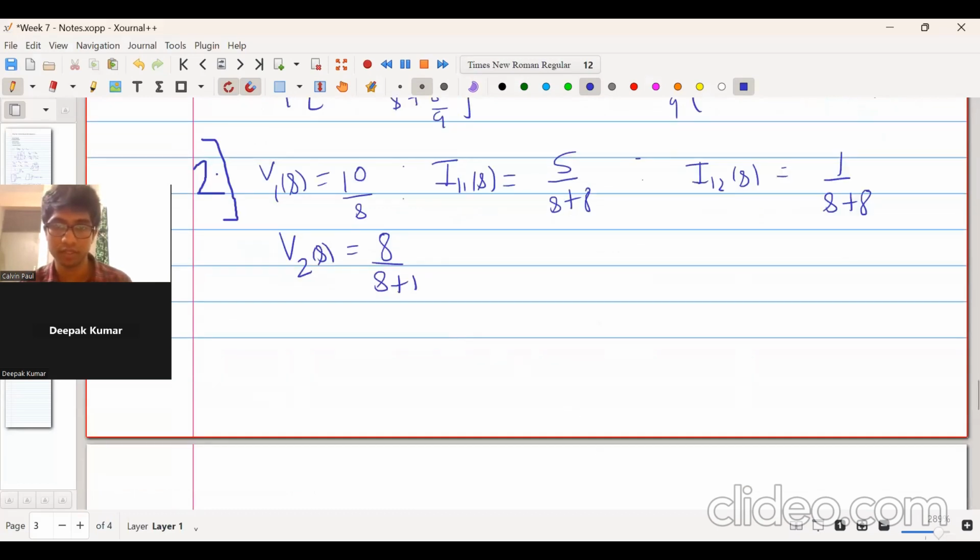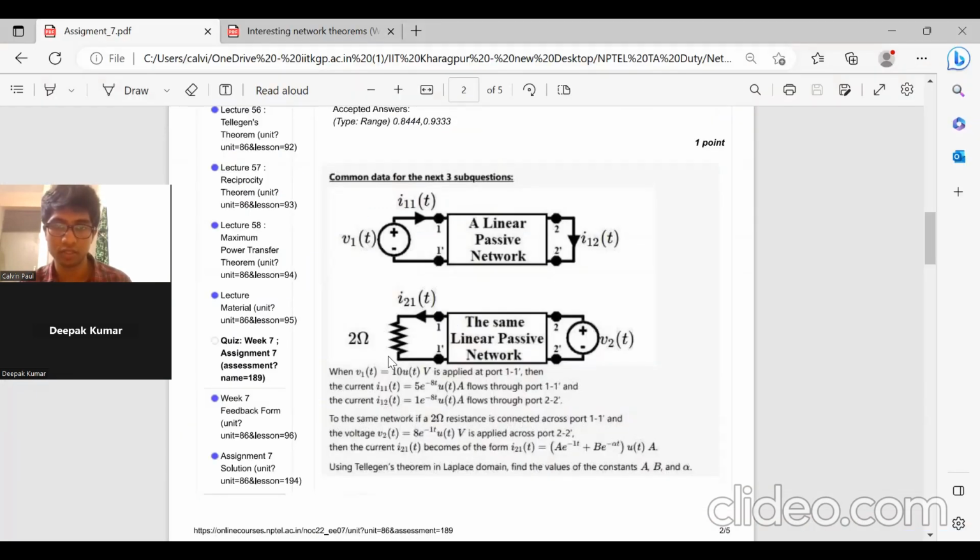So also over here there's a 2 ohm resistor and the current is flowing in this direction. So what will be the voltage across this one? I21 multiplied by 2. So in the Laplace domain it will be 2 into I21 of s.